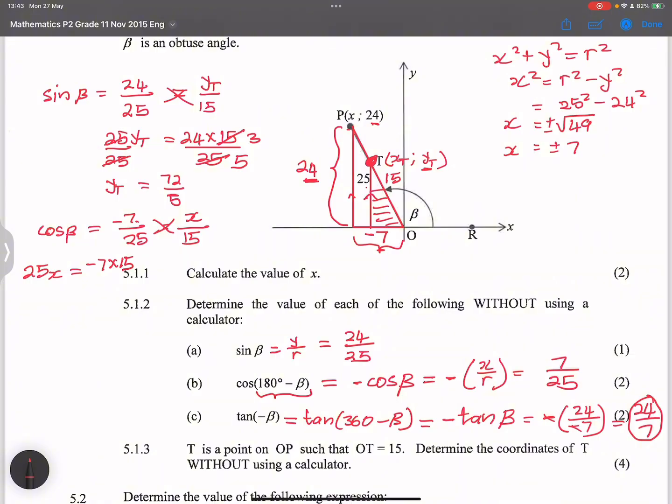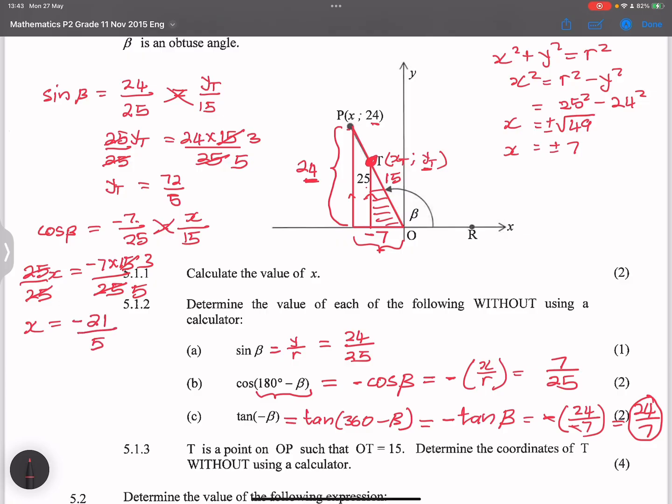minus 7 times 15. And again, we divide by 25, ladies and gents, and there we go. We've got x is equal to, again, this is going to be 5 and that's going to be 3. So that's -7 times 3, which will give me -21 over 5.